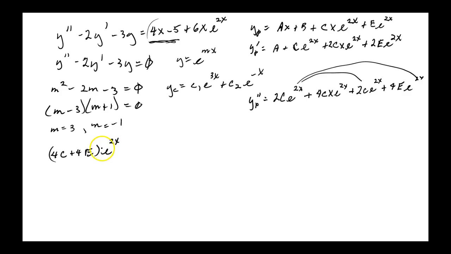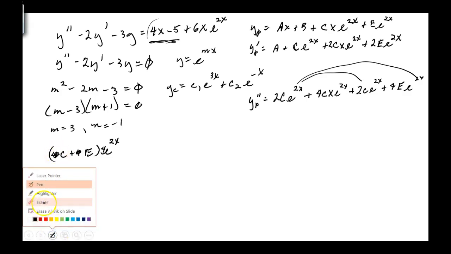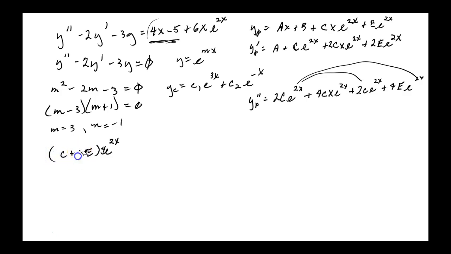Do you want to put the 4 here? Can we not have c plus e? We can. I'm just trying to see if there's an advantage to doing that. I kind of think not, so let's leave them in there. You may be right. So leave the 4 in there?